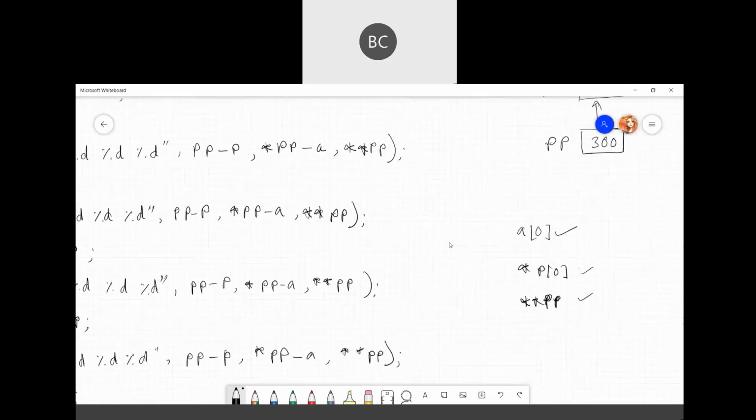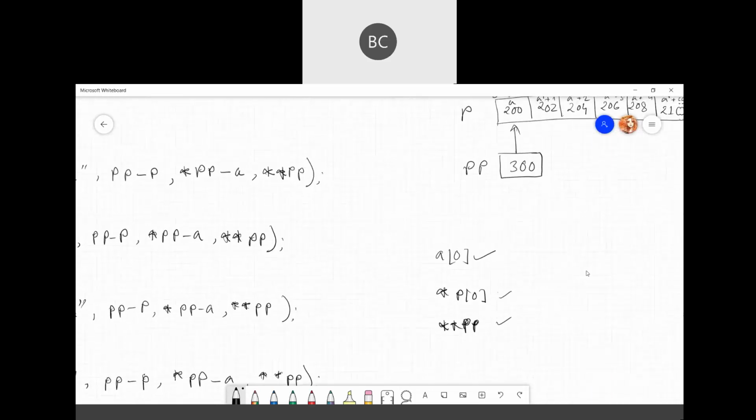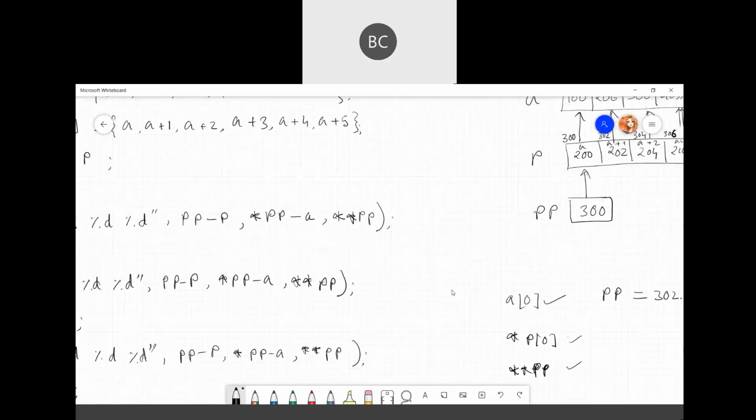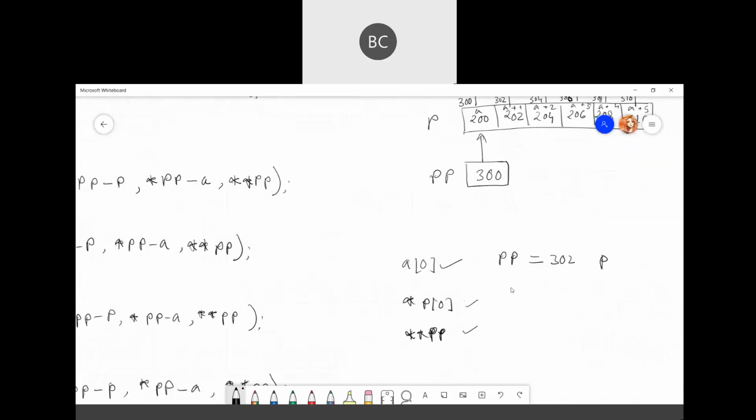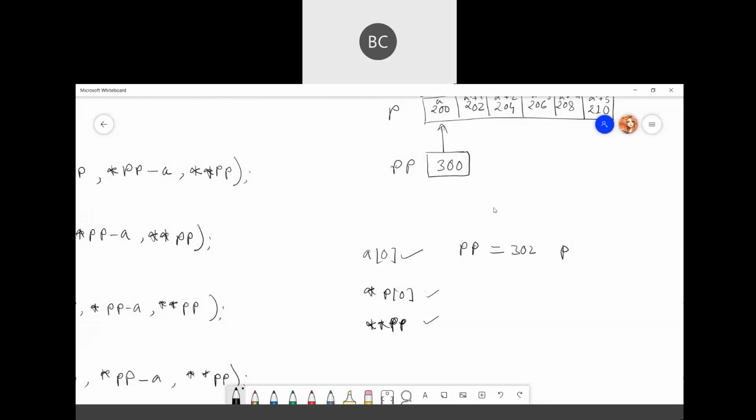Let's write these things down. We want the value of pp, and we also want the value of pp minus p. After incrementing, the value will be 302, right? It was 300, but before printing this I incremented the value, so now it's 302. Now what's p?